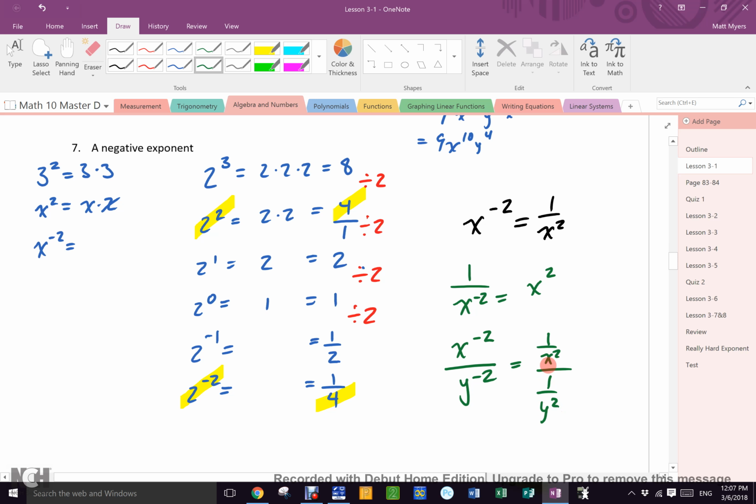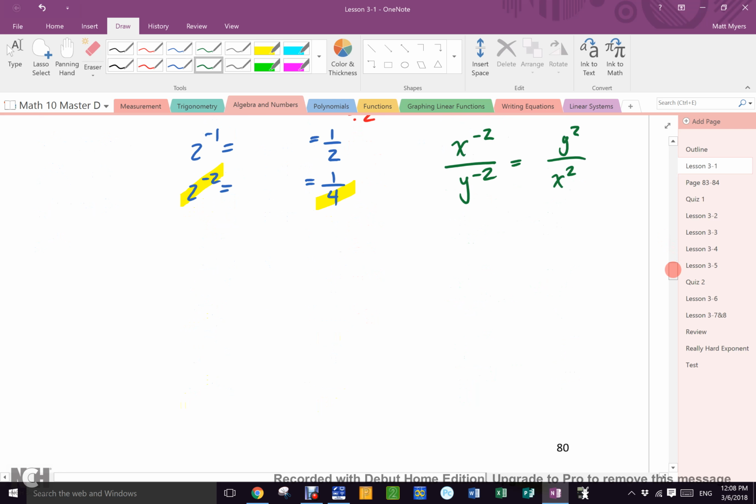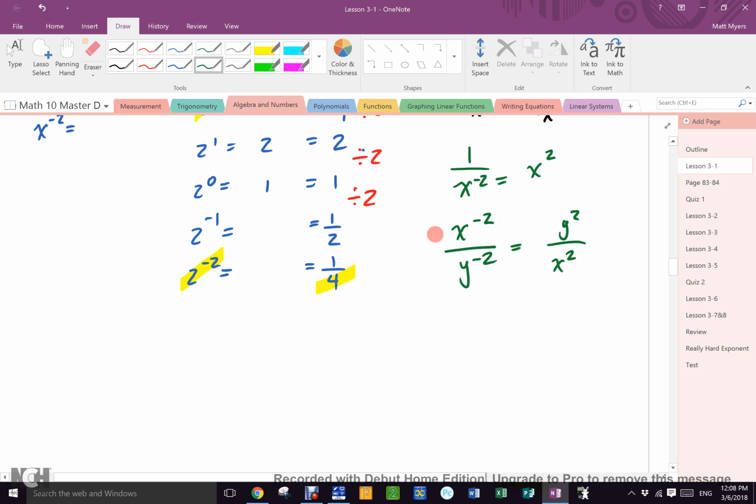Technically right. Barfy ugly. Tidy it up. Use what you know. Y squared over x squared. Is everybody good? That's everything you need to know about exponents, but it gets fuzzy down here. Here is how it gets fuzzy.